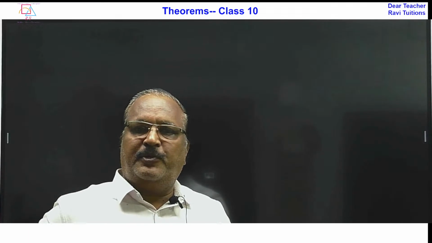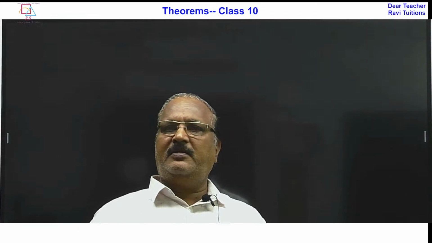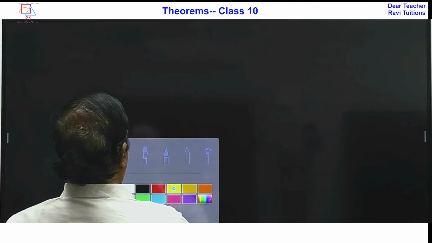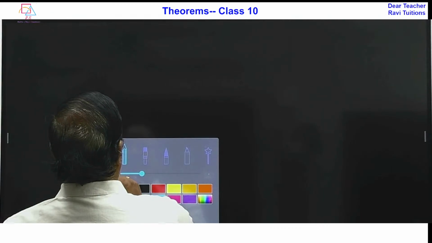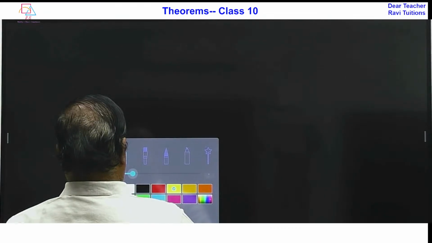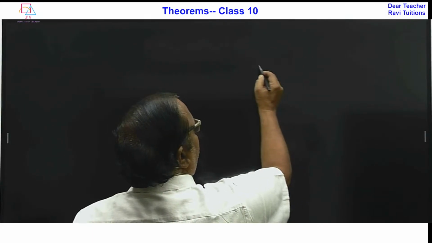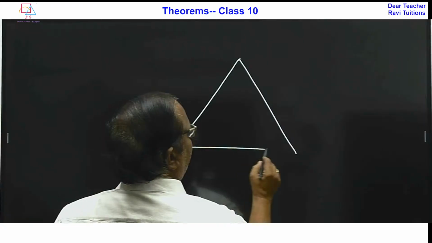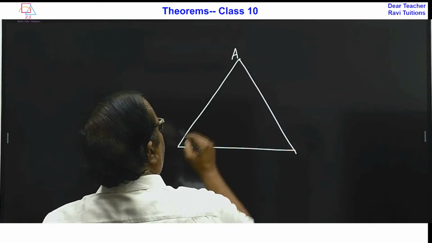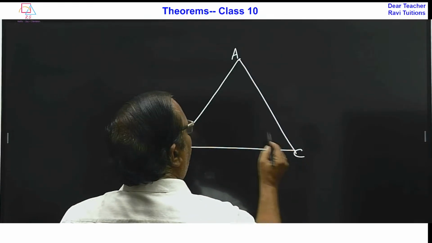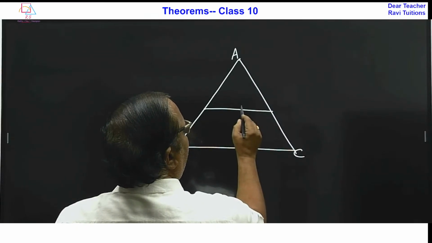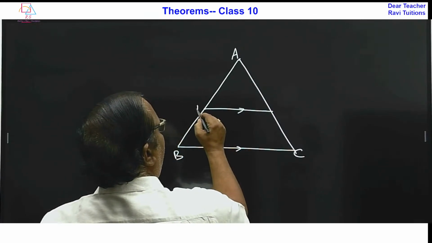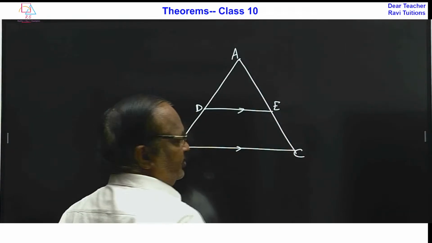The basic proportionality theorem, not only the theorem but the other things also. The basic proportionality theorem says, in a triangle, if a line is drawn parallel to one side, this line divides the other two sides in the same proportion.